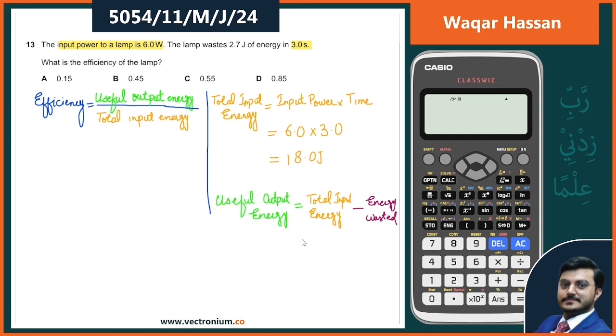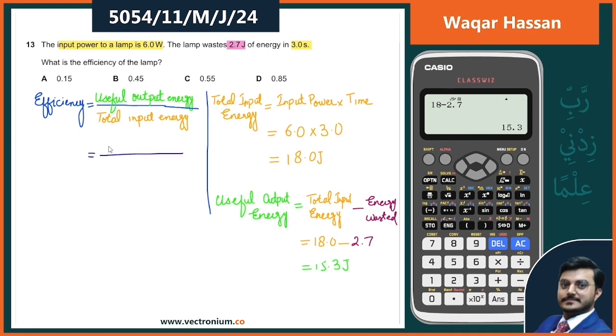And we have already calculated the total input energy, which is 18.0 joules, and the energy wasted is given, which is 2.7 joules. We can calculate it using a calculator. So 18 minus 2.7 is 15.3 joules.